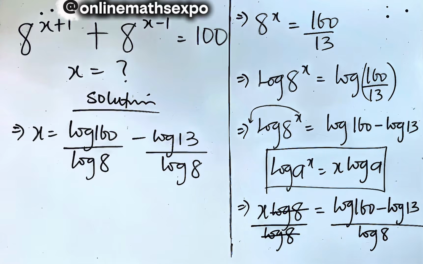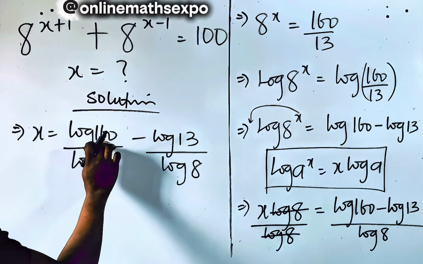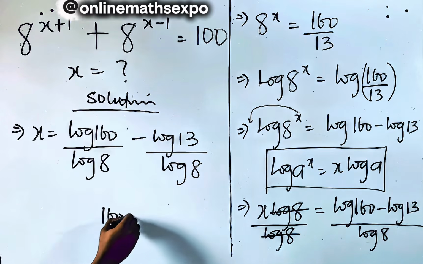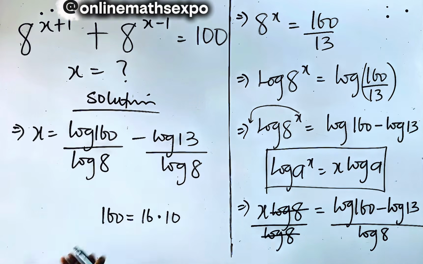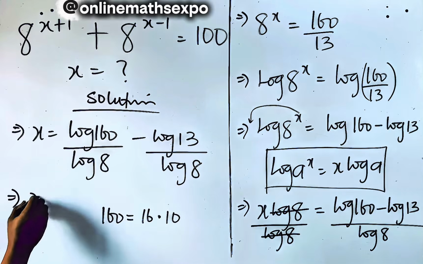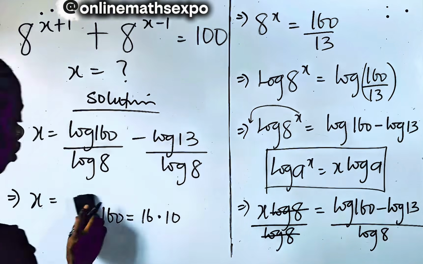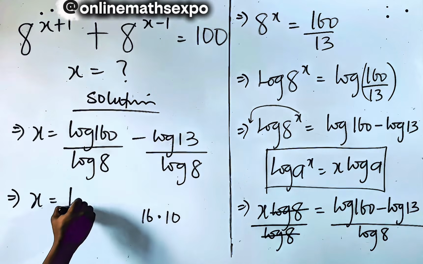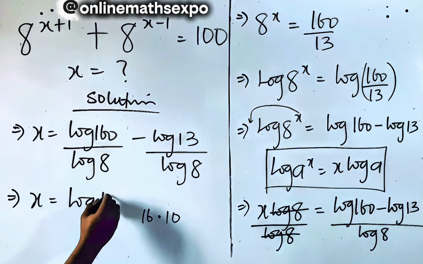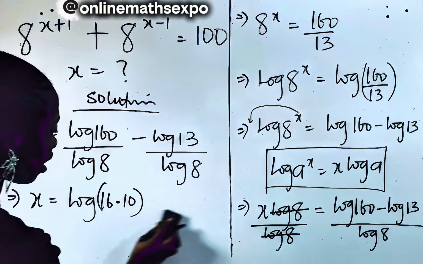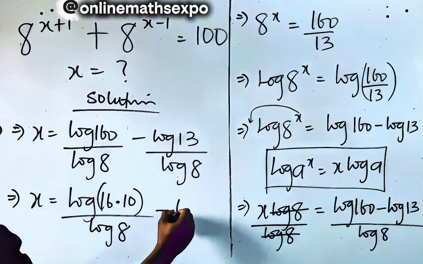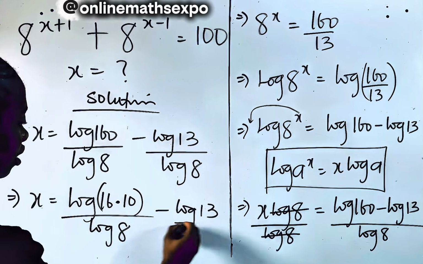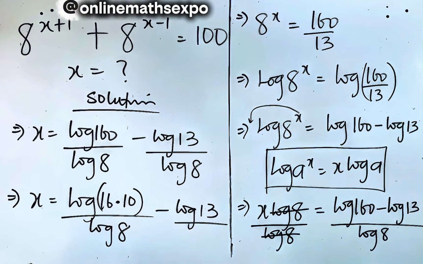We keep simplifying. Remember quickly that 160 is the same as 16 multiplied by 10. So let's apply it here. So we have x is equal to log of 16 multiplied by 10, divided by log of 8 minus log of 13 divided by log of 8. Now let's simplify 8.